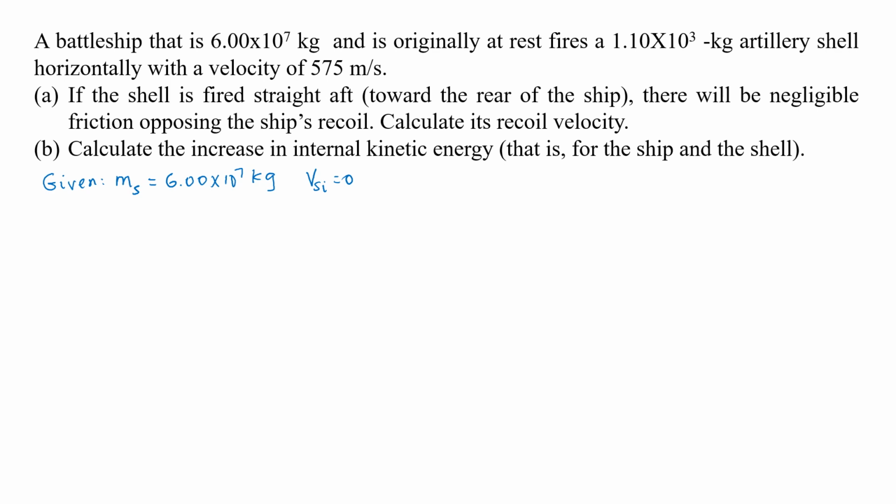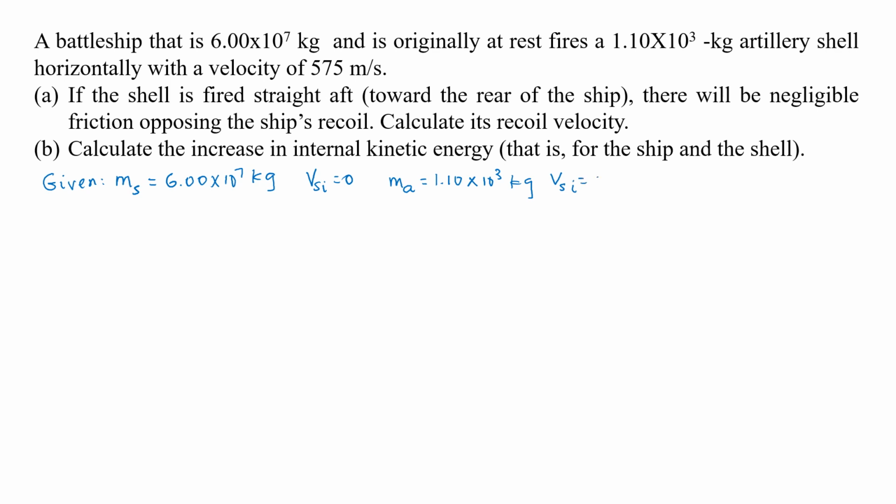And there is a mass of the artillery shell given. Let's represent it by m sub a, 1.10 times 10 to the power of 3 kilogram. And its velocity is definitely 0 initially because it was mounted on the ship.